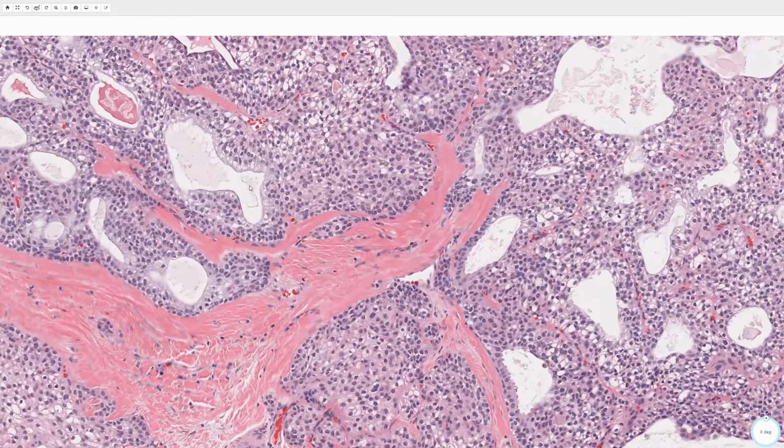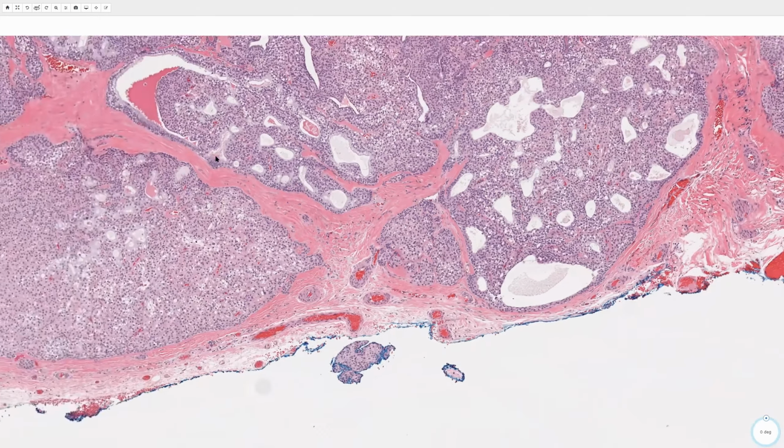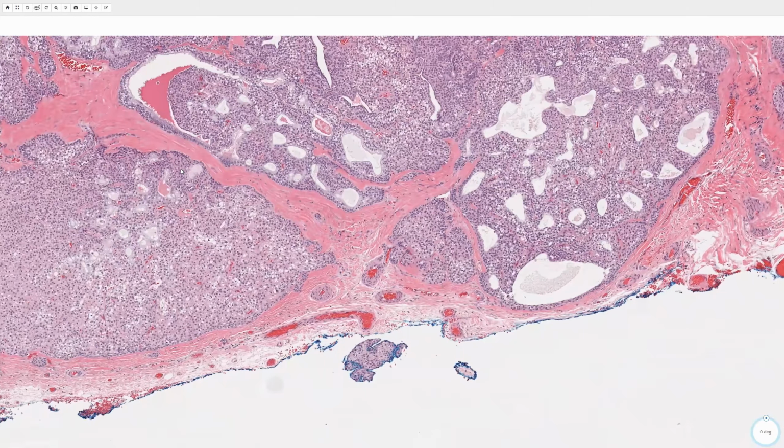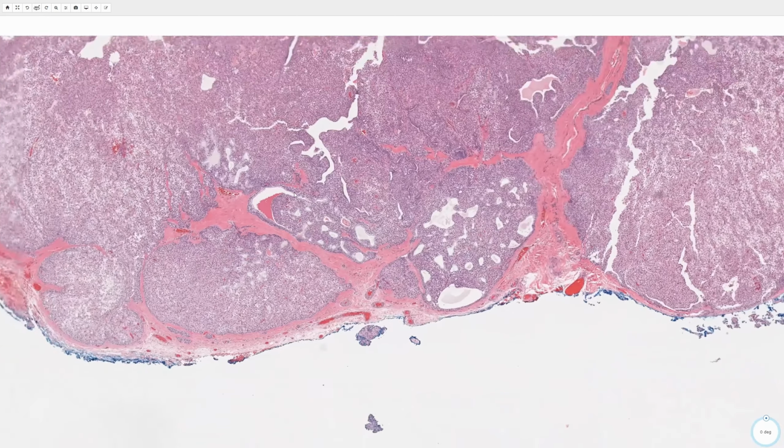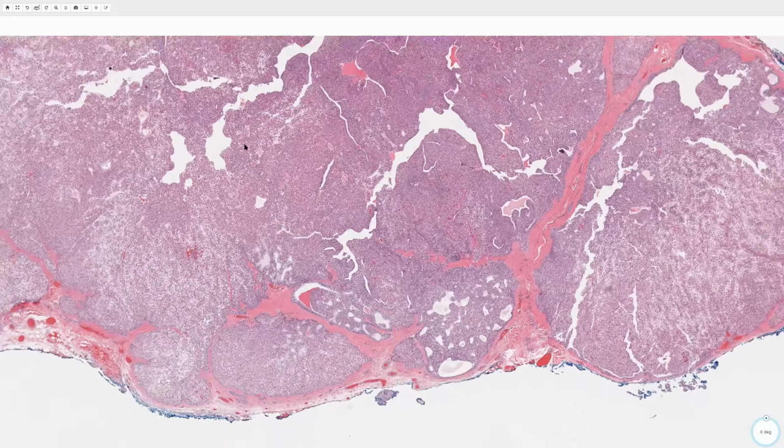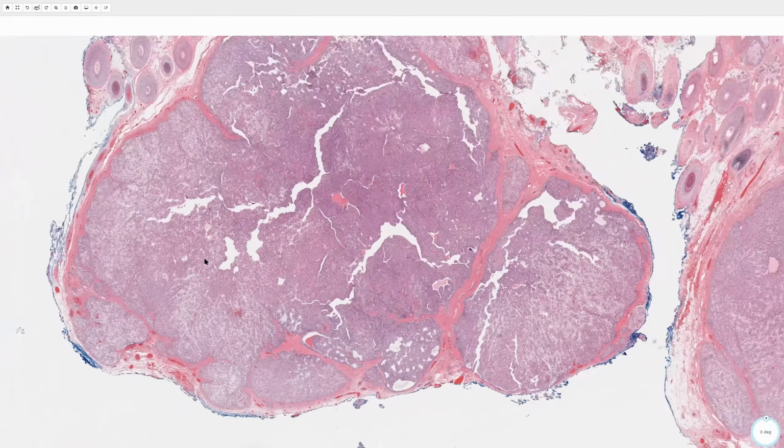Here again, you can see some of these little protrusions and gland formation. You may see also some decapitation secretion, but immunohistochemistry can be helpful in the differential diagnosis here. So this would be RCC negative, CD10 negative, PAX8 negative, if you were concerned about a clear cell hidradenoma versus a renal cell carcinoma.